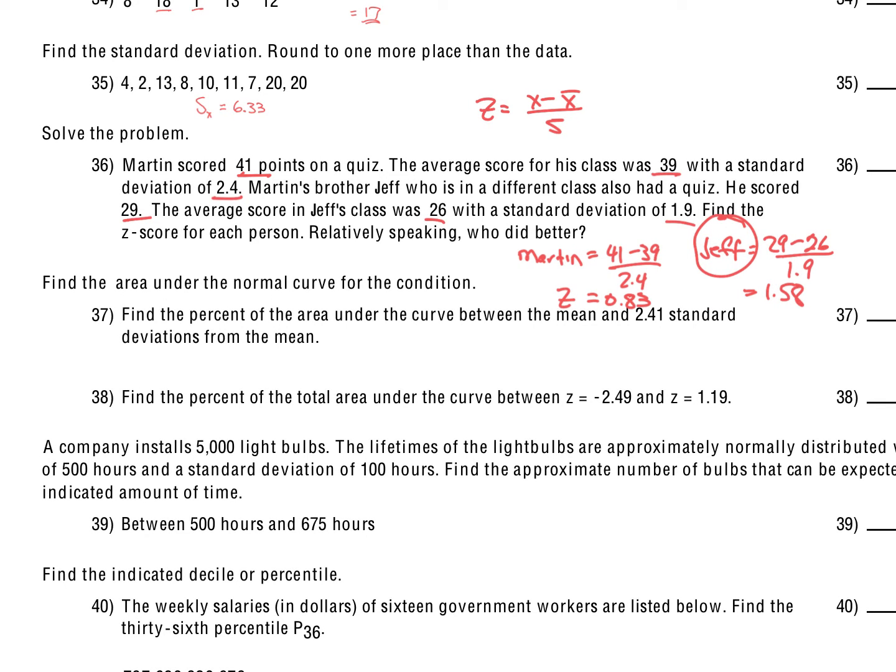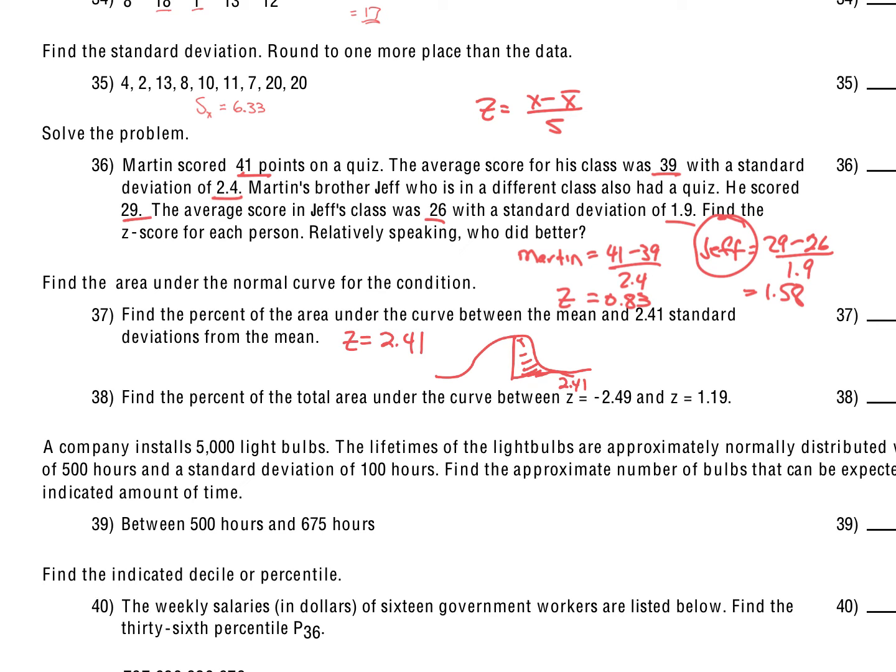Next question, find the percent of the area under the curve between the mean and 2.41 standard deviations from the mean. In other words, if Z equals 2.41, then we're finding the area from the mean to 2.41. We're looking for that amount of area.